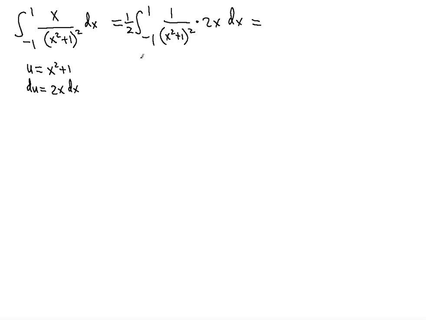let's talk about changing the limits of integration, because now we're entering a new variable which is going to be u instead of x, right? So when x is equal to -1, u is equal to (-1) squared, which is 1, plus 1 is equal to 2.